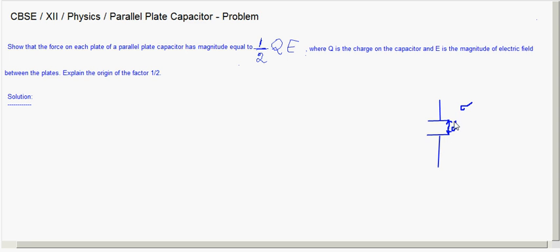So while finding out the electric field, we have used the formula which we have derived for the electric field due to infinite plane sheet with the uniform surface charge density sigma.